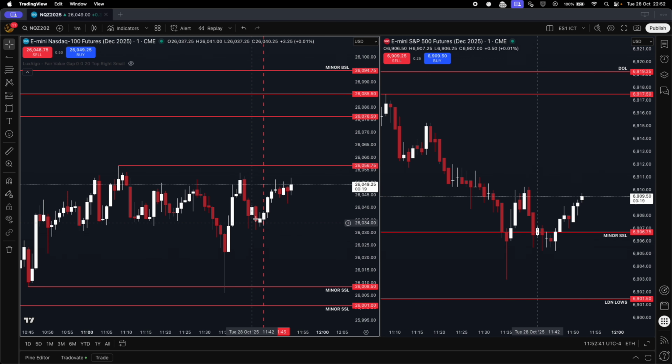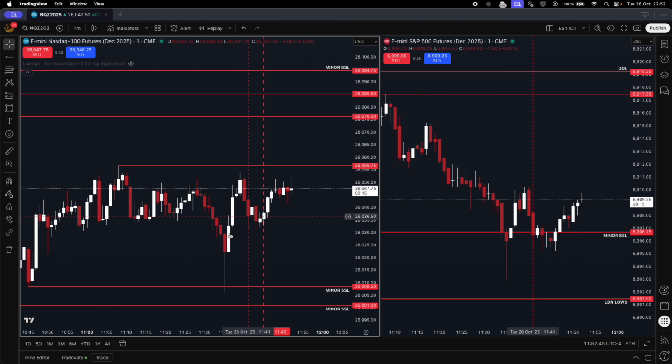We manipulated below the low, and for it to distribute towards the high. There's no shift in market structure on NQ.